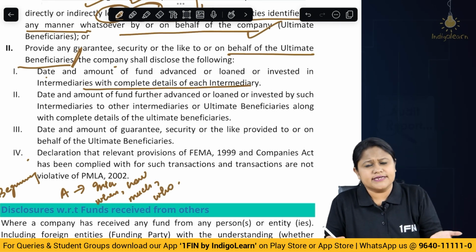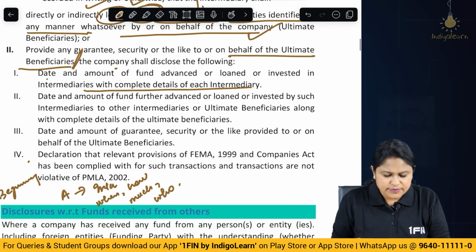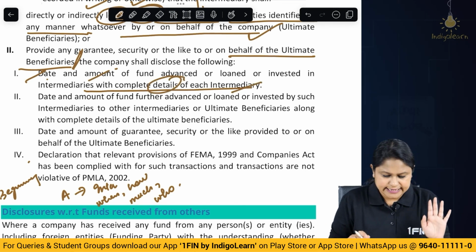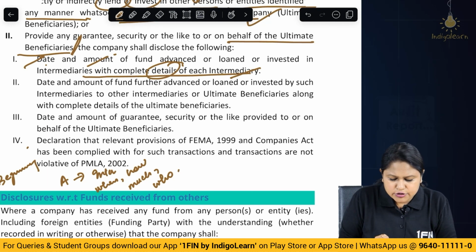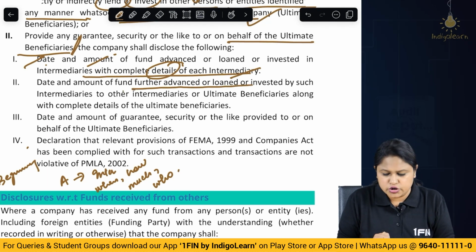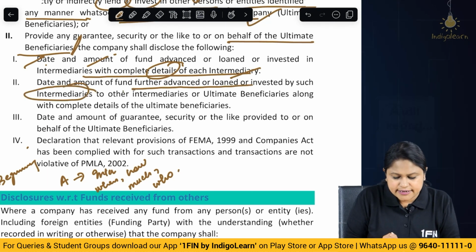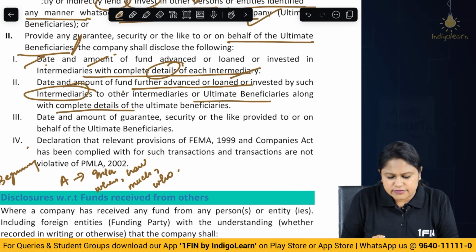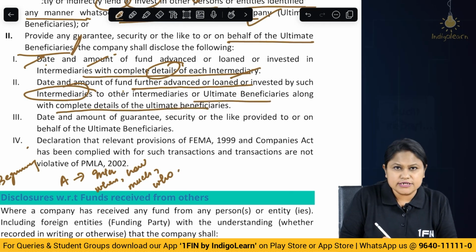If it is two or three intermediaries, all their names. Okay, so the beginning: date, amount, and complete details of whom? Intermediary. First point clear. Second, date and amount of funds further advanced or loaned or invested by such intermediary to other intermediaries or the ultimate beneficiary, along with complete details of the ultimate beneficiary.